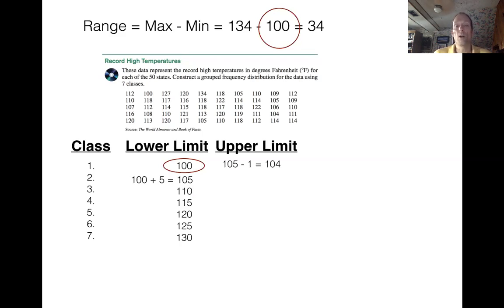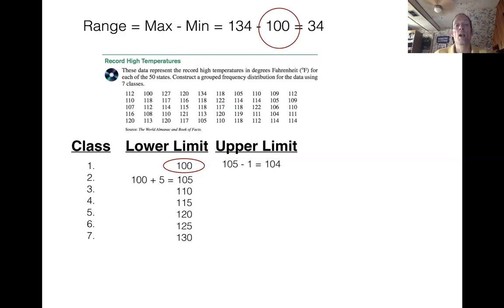That's going to get me to 104 degrees. The problem that could save me from is if I had a data value equal to 105 degrees and I put the upper limit of class 1 at 105. Technically I wouldn't know if that data value should go in class 1 or class 2, and that could really screw up my analysis.